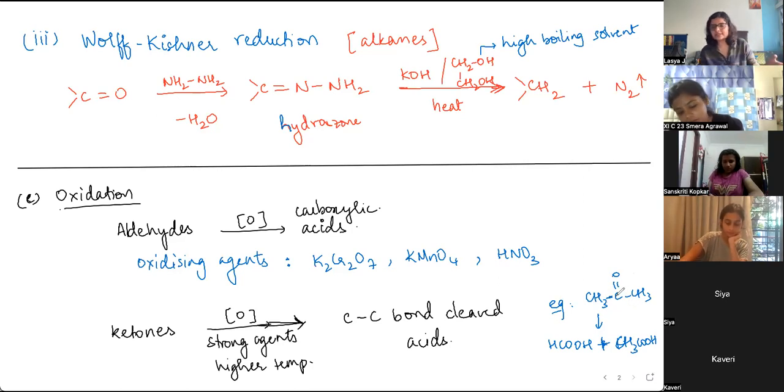That is not something we can control, but what we end up getting is the carbon chain being broken and a mixture of acids. So we get C-C bond cleaved acids. This is the simplest ketone, and it is pretty symmetrical, so it's easy to predict. Once you have noted till here, we'll take another example of a bigger ketone.